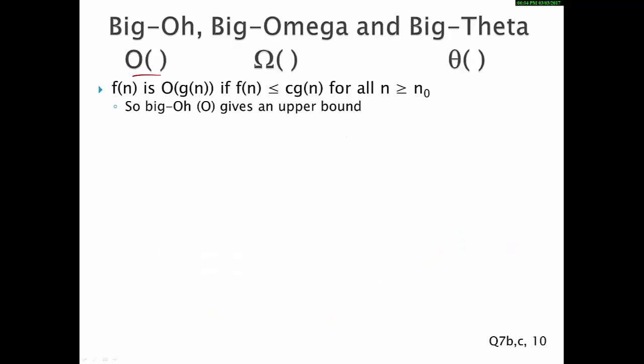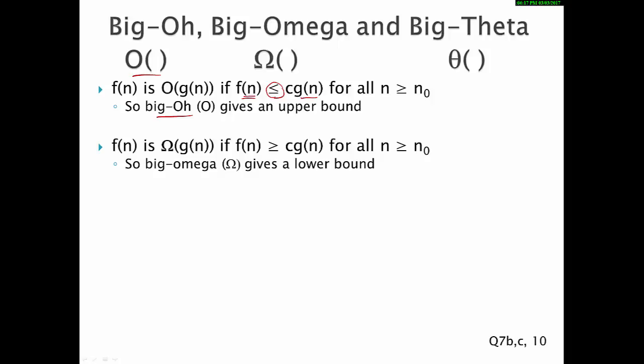So here's big O. We have our definition here. Big O gives an upper bound, right? Since it's less than or equal to, it gives an upper bound on how fast this function grows. You can also go in the other direction. We're going to say that f of n is big omega of g of n if f of n is greater than or equal to c times g of n eventually.